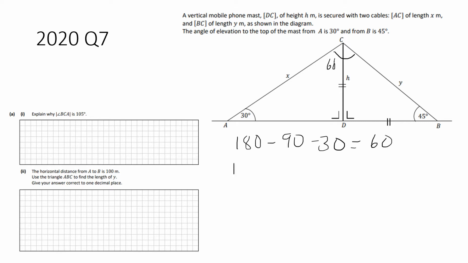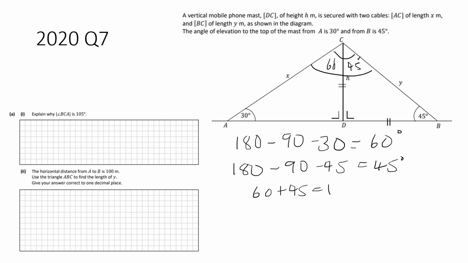And then 180 minus 90 minus 45 gives us 45, which is this angle here. When we add them together, we get 105. So that's 10 marks. That's part 1.